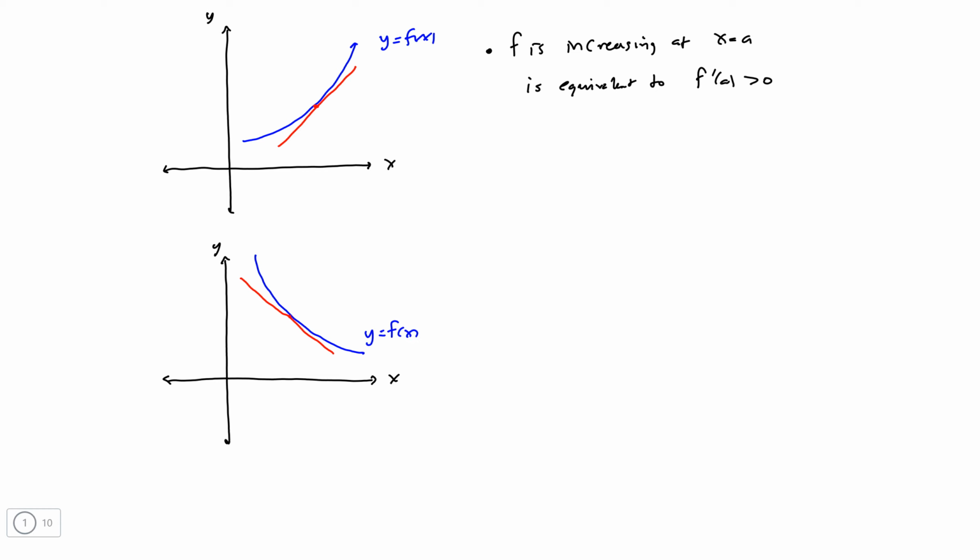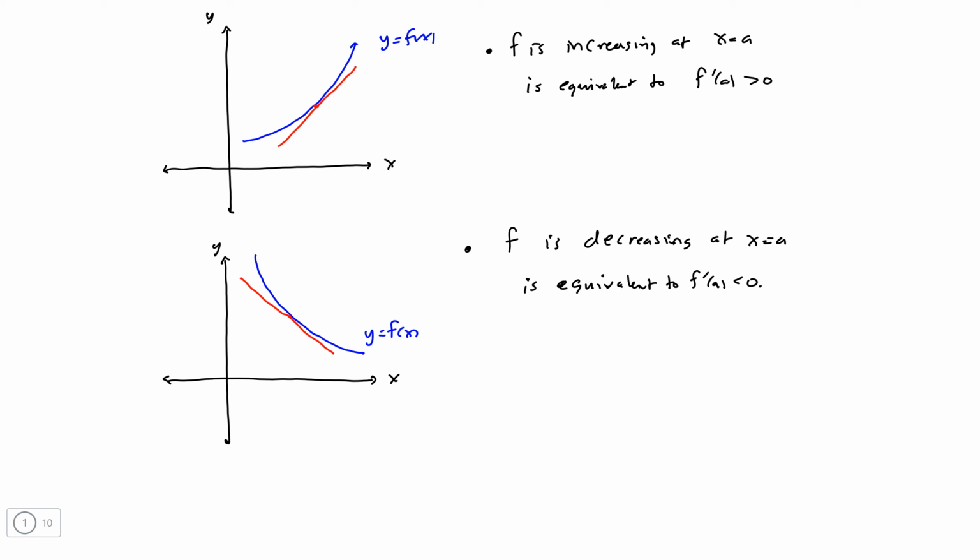In this case, our function is decreasing. So that's how our first derivative can tell us something about the geometry of our function.